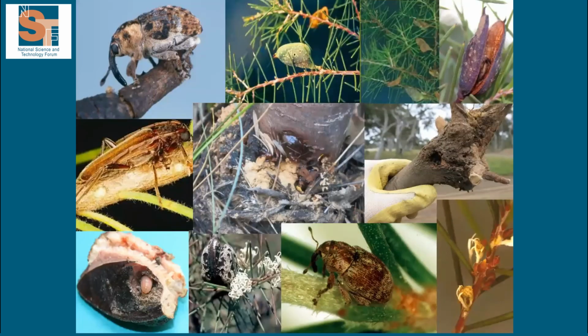So this is an indication of some of the insect species that are most effective on Hakea. On the top row, we see Erytenna consputa, which is the seed-feeding weevil, and it feeds on young fruits of Hakea, which then end up looking like the far right-hand image, and we call that an aborted fruit. The middle image is a longhorn stem-boring beetle. It lays its eggs on the outside of a Hakea stump.